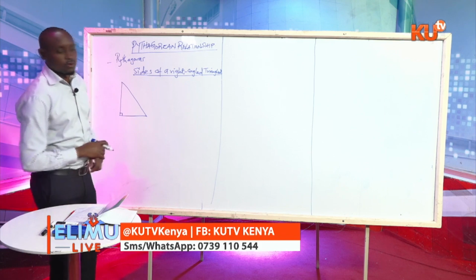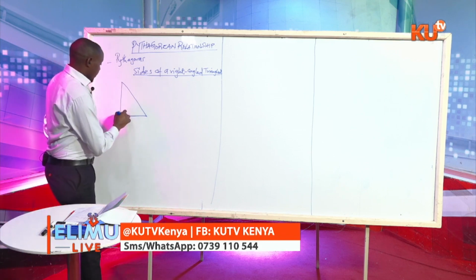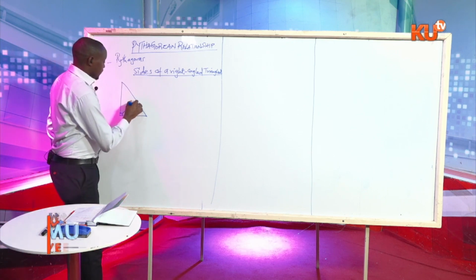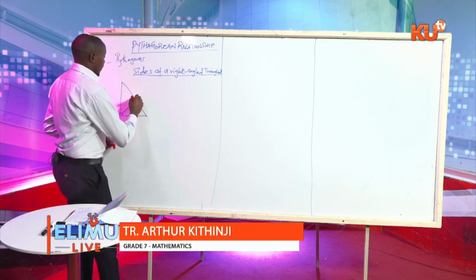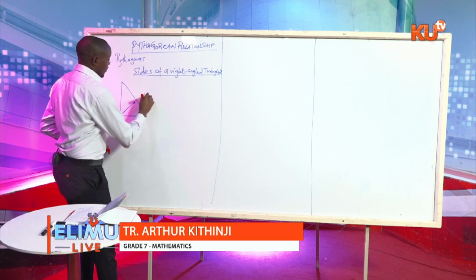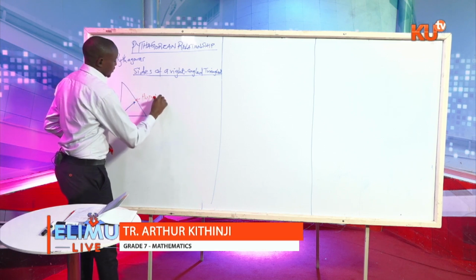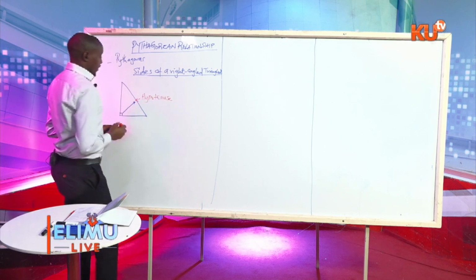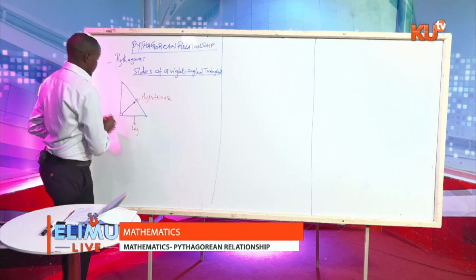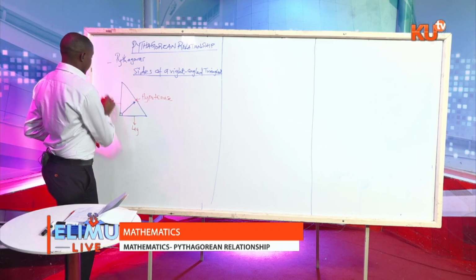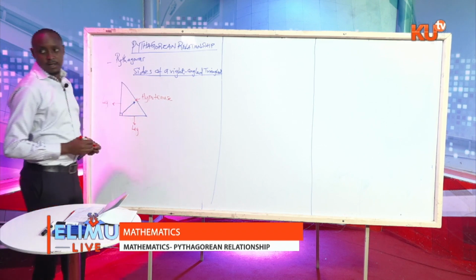And this is what we call the sides. The side directly opposite to the right angle is called the hypotenuse. This is called the hypotenuse. Whereas the other two shorter sides are called legs. This is one leg and this is another leg.